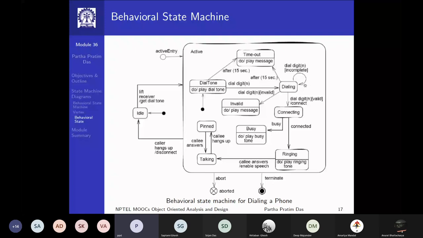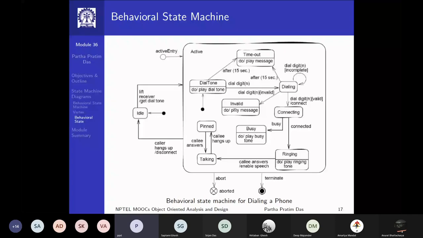You are dialing digits, and you see what is typically shown. We have seen this notation earlier also. This is a guard condition that you continue in this state while incomplete, that you have not finished. There are three possible exits that you can see here.